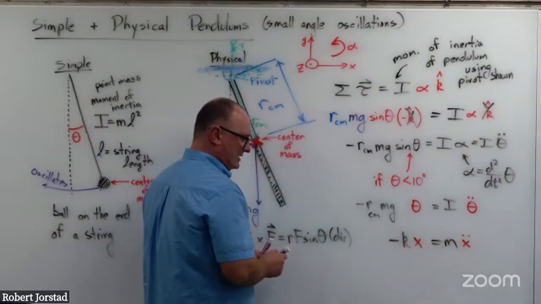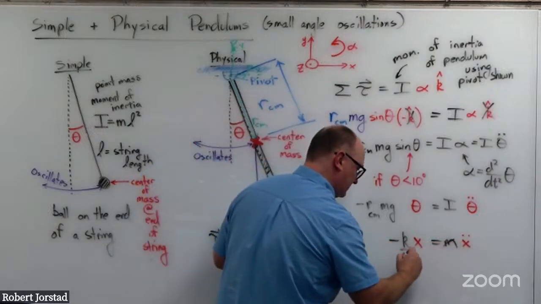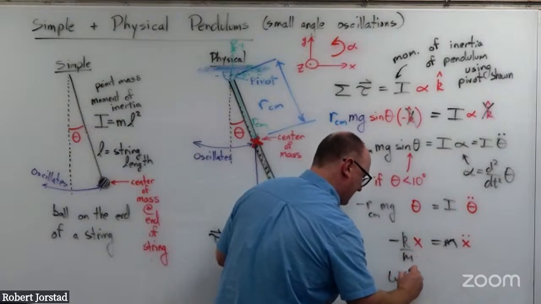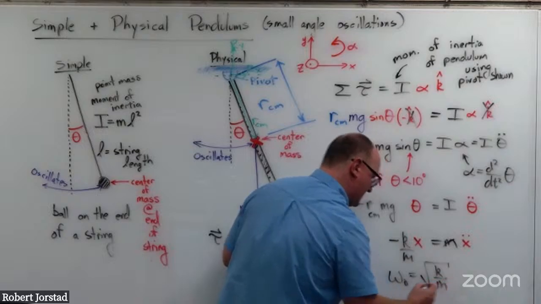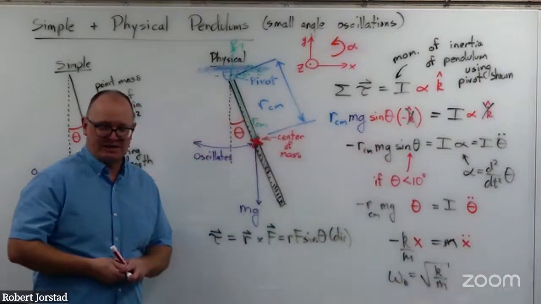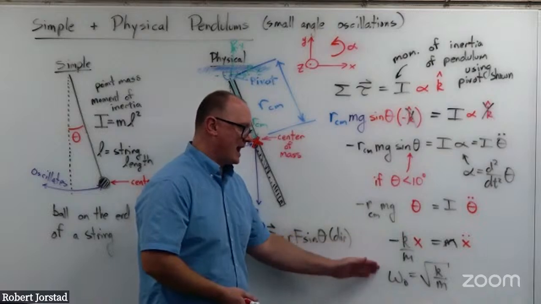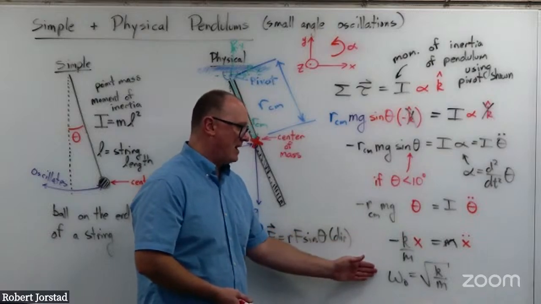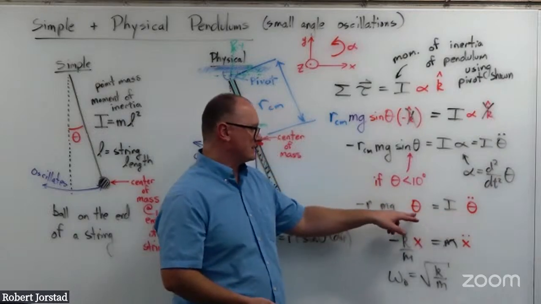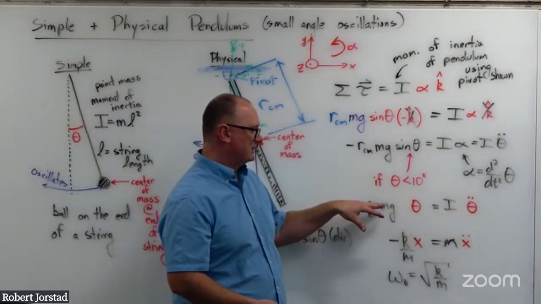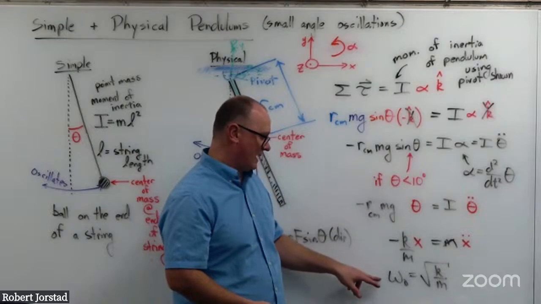And from this, we found omega naught was the square root of k over m. So this was for horizontal mass spring. I hope you see a pattern here. We see theta double dot equals theta times some junk. The junk relates to omega naught.